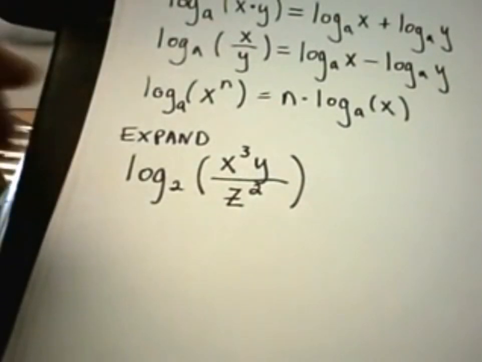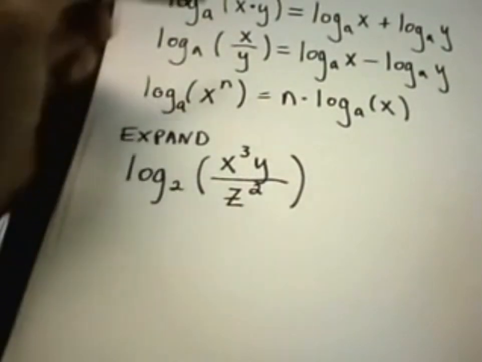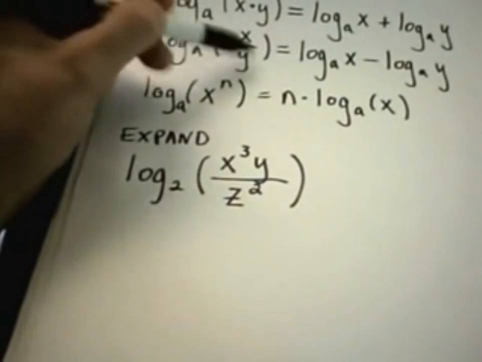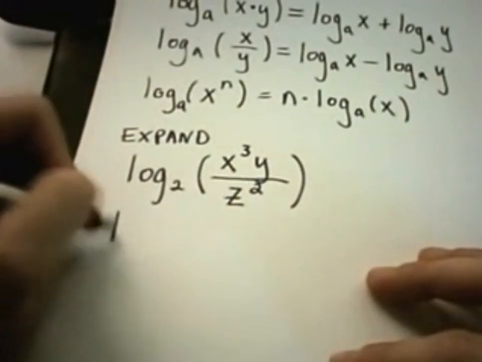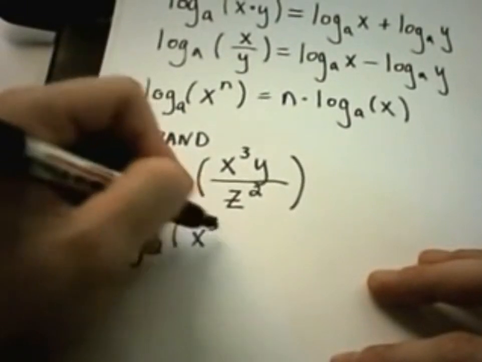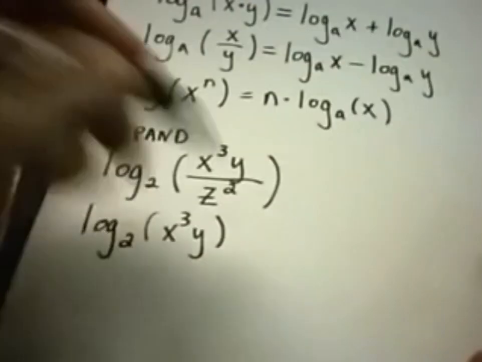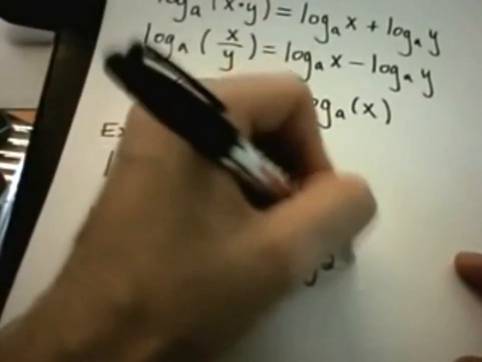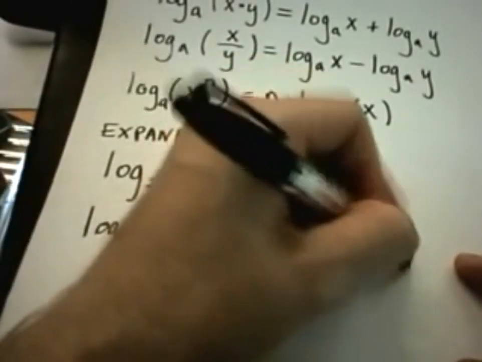Well, you could do this in one fell swoop. I'm going to do it in a couple steps. Again, it says if you have whatever's on top, you make it log base 2 of that minus log base 2 of the bottom. So I'm going to get log base 2 of the top, x cubed times y, minus log base 2 of z squared.